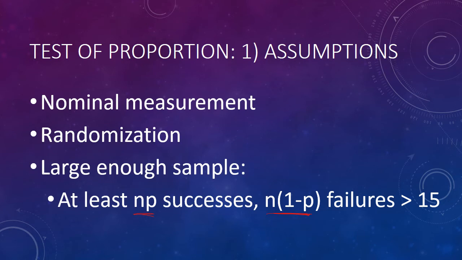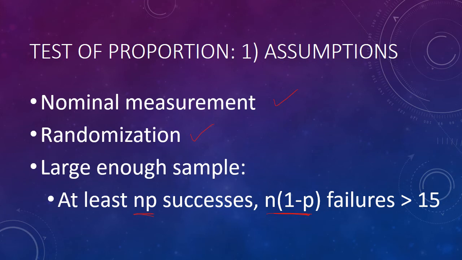In the example with the astrologers, each observation is either correct or incorrect, so we have a nominal variable. The data are also obtained by randomization, since we matched up the correct horoscope with 2 randomly selected horoscopes. In this example, what are the expected number of successes and failures?